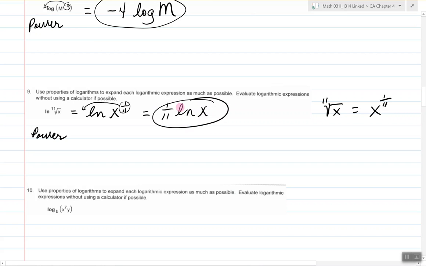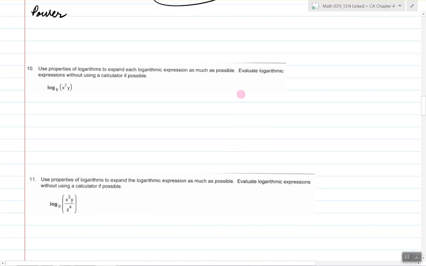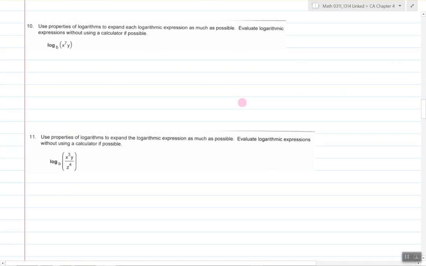All right, I think we will now be combining several of the rules together. Just look at the argument. I see several things. I see a power on the x, and I see a product. So this will equal the log base b, take care of the product first, of x to the 7th plus log base b of y.